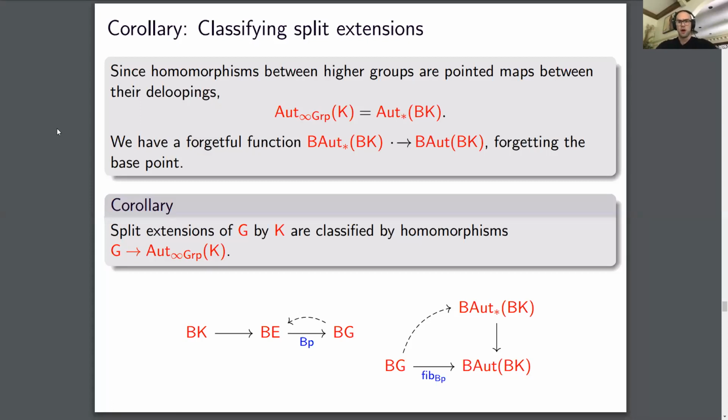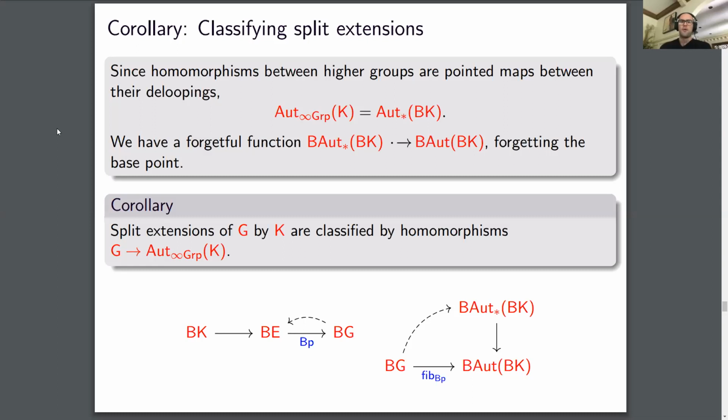So in particular, the higher group automorphisms of a higher group are pointed automorphisms of its d-looping. So we have this natural forgetful function, which is pointed by reflexivity, from pointed types, which are identifiable with BK as a pointed type, to types which are identifiable with BK, by just forgetting the base point.